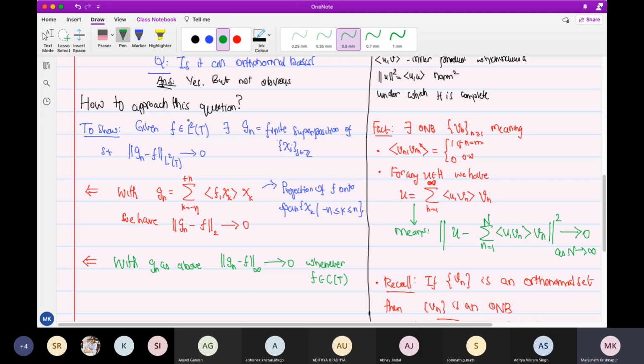We don't directly work with all L2 functions, but work with only continuous functions. So look at continuous functions on the circle group and try to show that Gn is even better approximated, maybe in sup norm. If you could show this, this implies that. Why does this imply that? Because the L2 norm is bounded by the sup norm, right? So why is this?